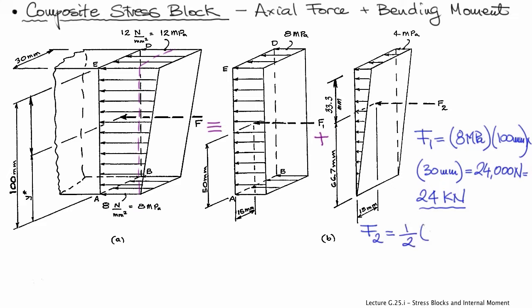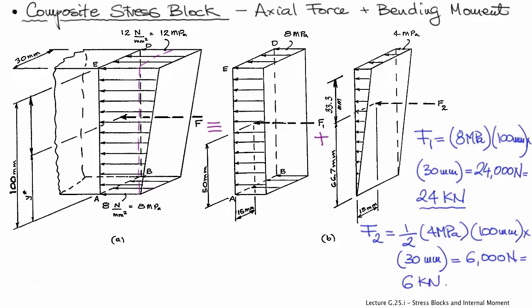So F1 will be equal to the volume of the prism, so 24 kilonewtons. F2 will be equal to the volume of the wedge, so in this case 6 kilonewtons. And of course, for the first condition of equivalency, the total force F must be equal to the summation of F1 plus F2.